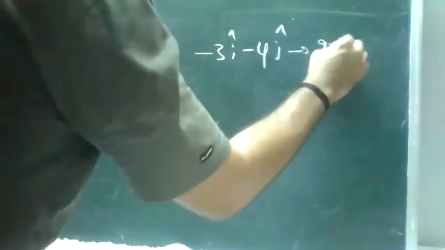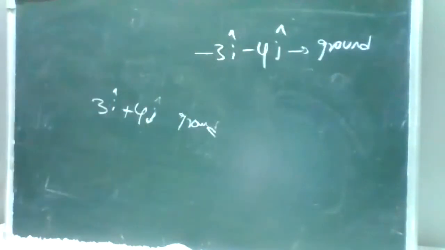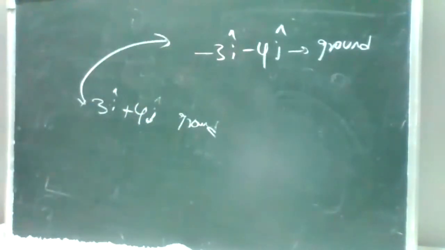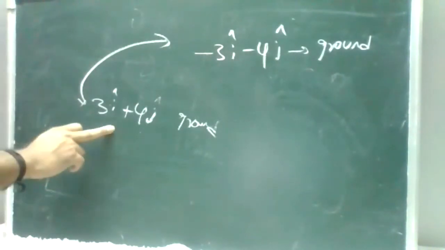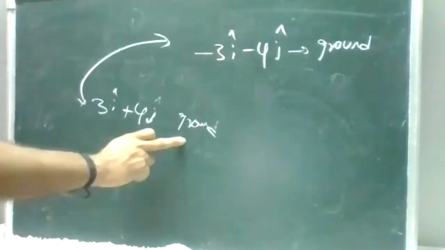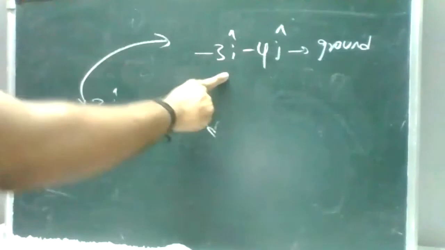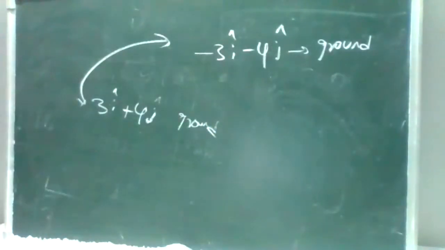What is the relative velocity of boat with respect to river? I'll repeat the question again. A boat is moving with a velocity 3 I cap plus 4 J cap with respect to ground, and the water in the river is moving with a velocity minus 3 I cap minus 4 J cap with respect to ground. So what is the relative velocity of boat with respect to river?